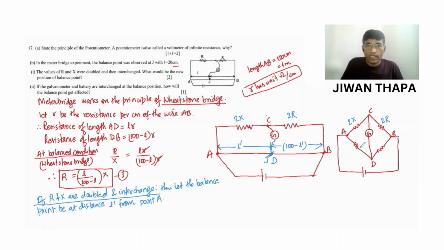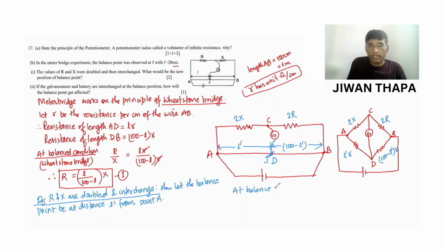Now, as we did earlier, the resistance of AD is now L dash times R, and this DB has resistance 100 minus L dash times R. So we have this.